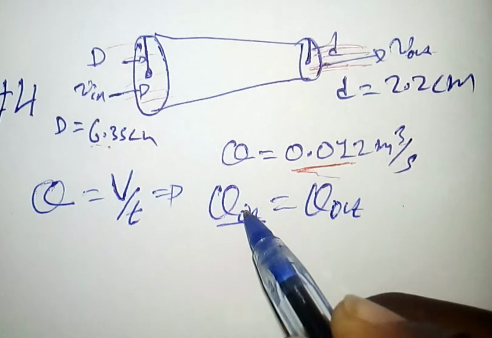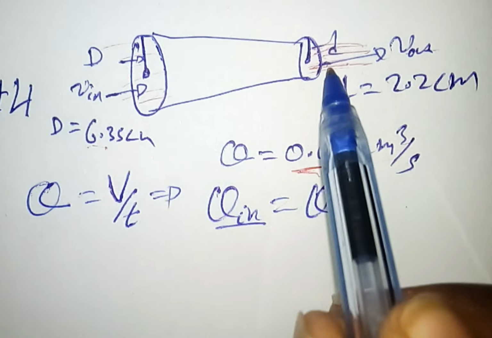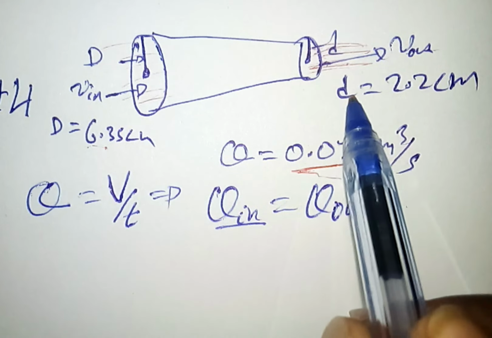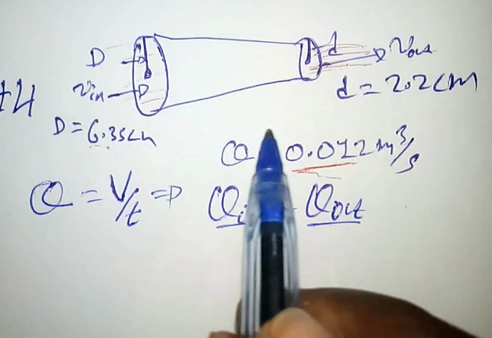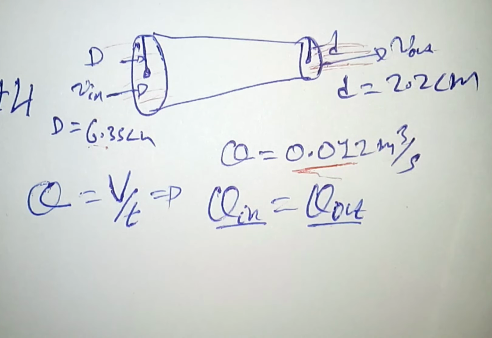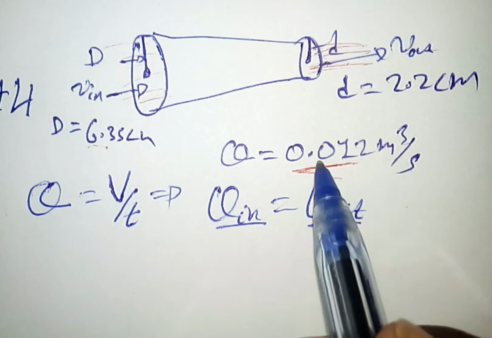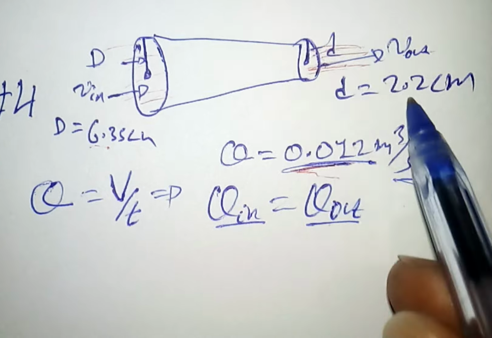That means the rate at which the water is entering the inlet is equal to the volume rate of flow of the water coming out of the nozzle outlet. So the amount of water entering and the amount of water coming out in a second are equal, this much meter cube per second. Then what will be the speed?